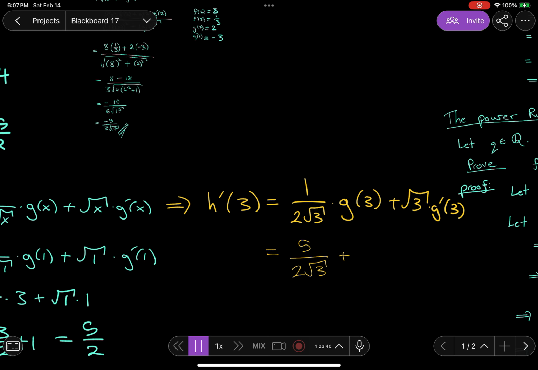And we have plus root 3 times g prime of 3, that's 1. That's the really nice part of the graph. The derivative of g at 3, that's the slope of g at 3, and that's just equal to 1.